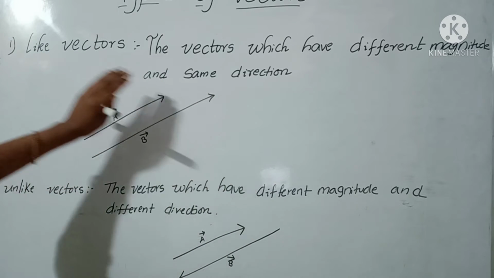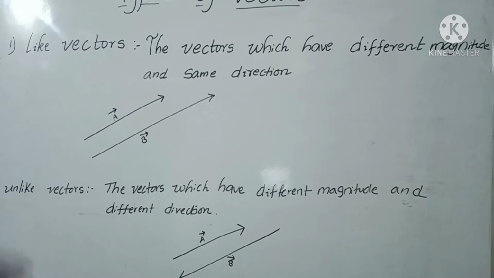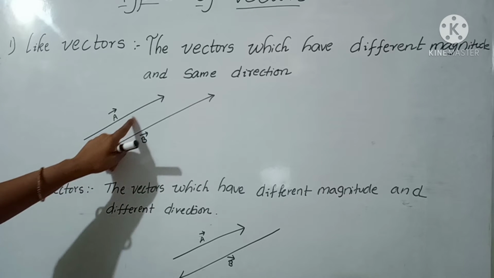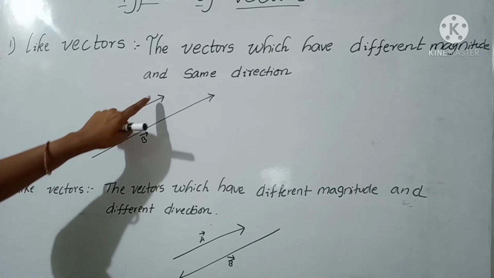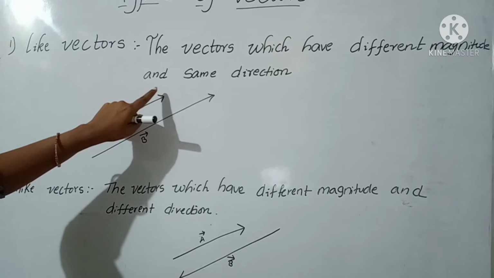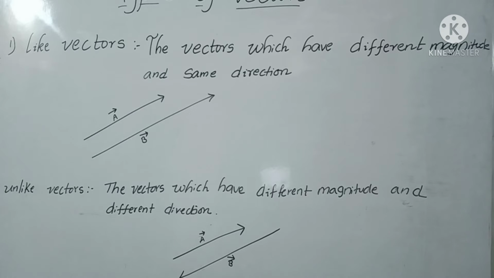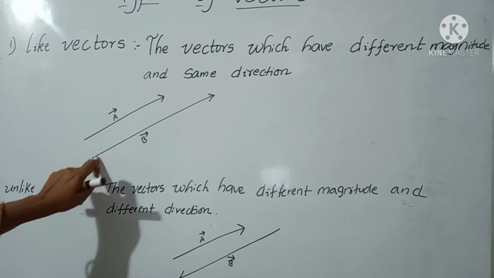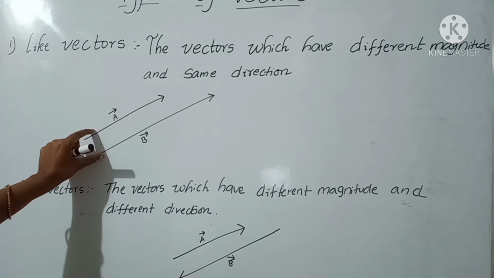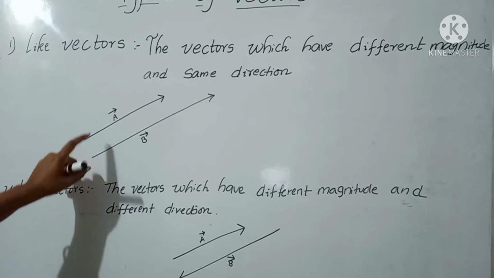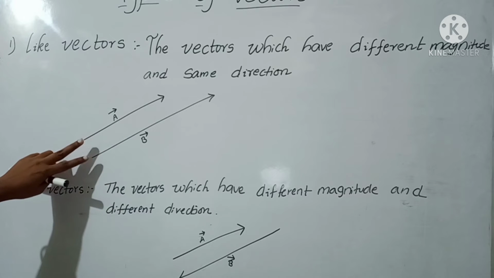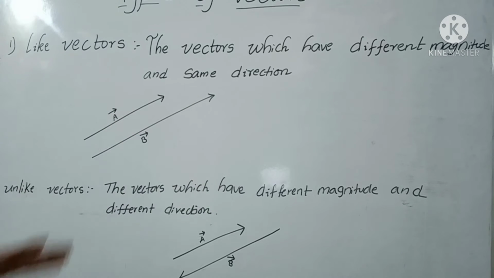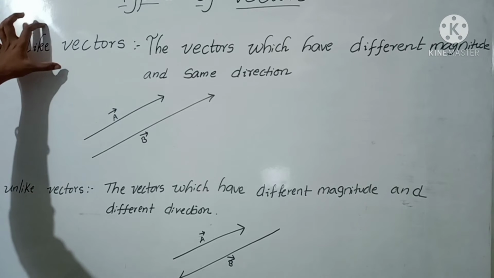In the previous video on the graphical method of vectors I explained that the straight line indicates the magnitude of the vector and the arrowhead indicates the direction. See here, the A vector magnitude and the B vector magnitude are different, not equal, but both are in the same direction. Then these two vectors we can call like vectors.